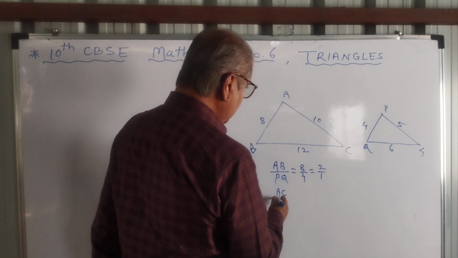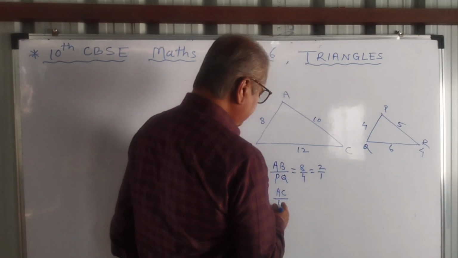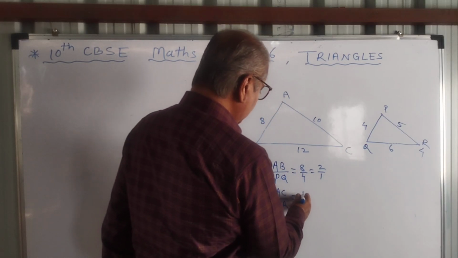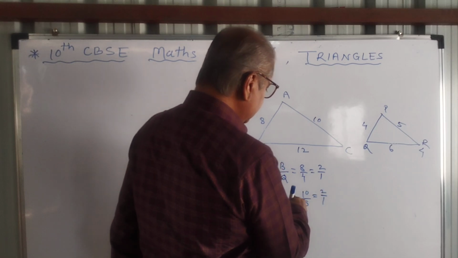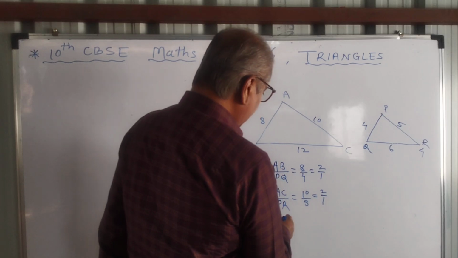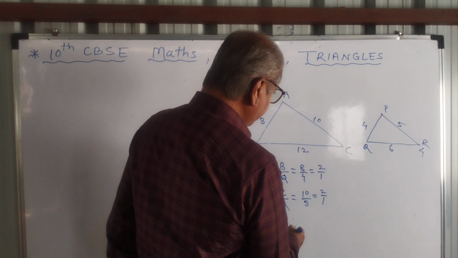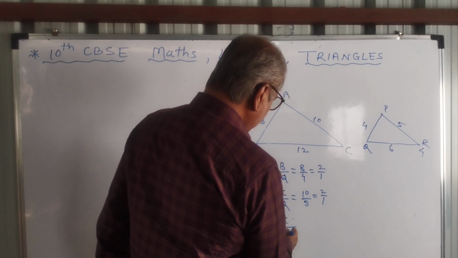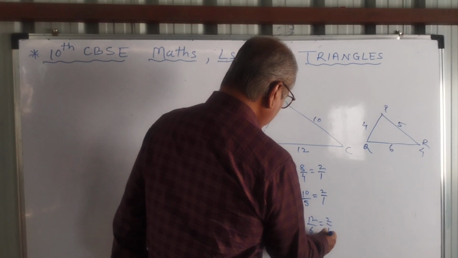AC upon PR is equal to 10 upon 5. It is again 2 upon 1. See, the sides are different, but the ratio is the same. And now BC, the third side, upon QR is 12 upon 6, again 2 upon 1.